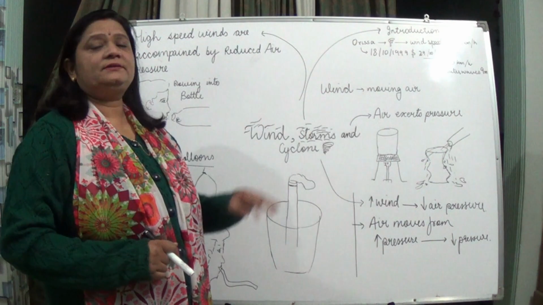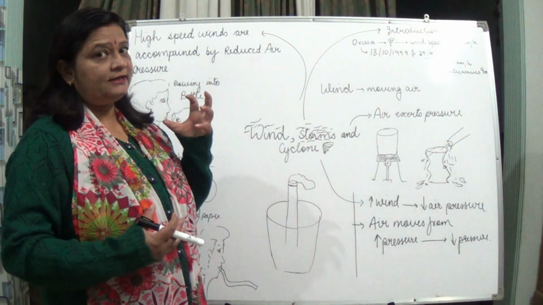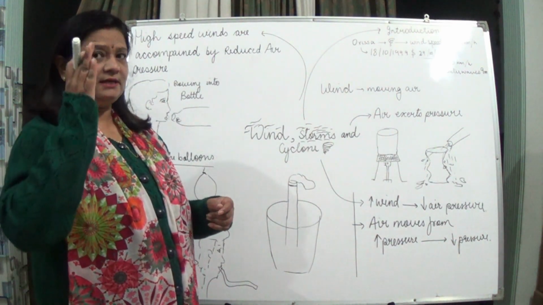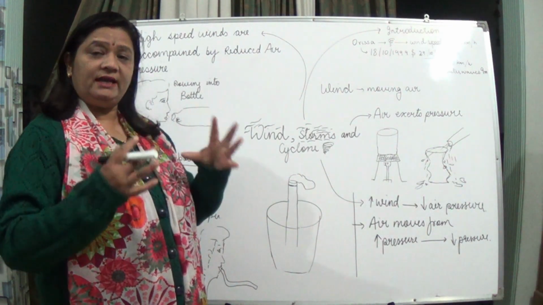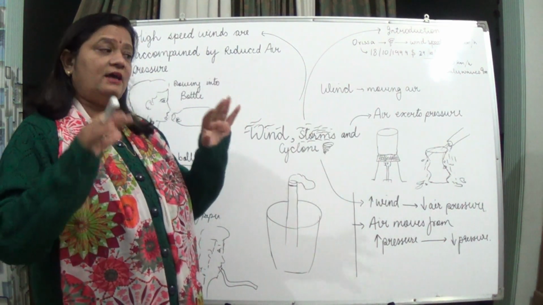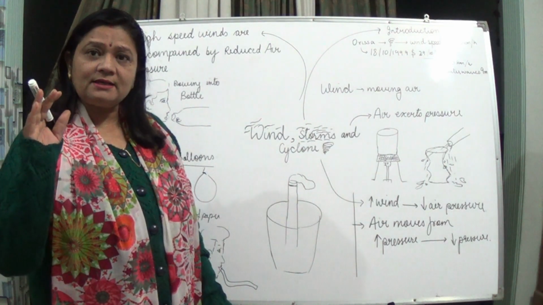So what happens, this air gets heated, and what heats this air? The sun. So what happens when this air gets heated? It doesn't get heated evenly in all places. Somewhere it is heated more and somewhere it is heated less.